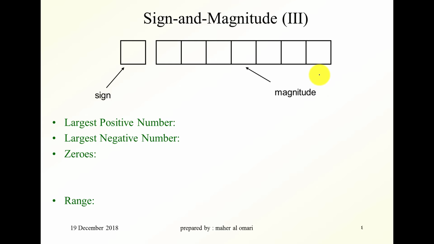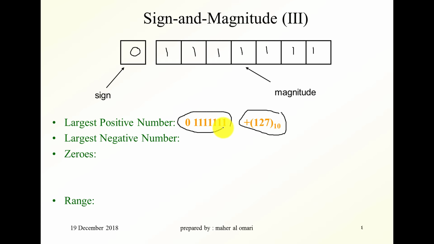So in this 8-bit number, the largest positive number has the sign as a 0, and the rest of the bits are ones. And this actually is plus 127 in base 10. This is a positive number.